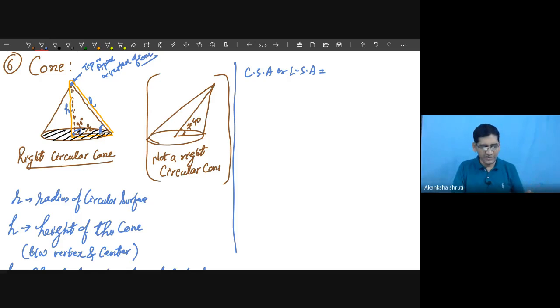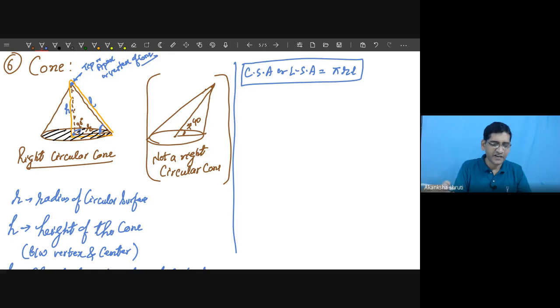No, because it is varying. You cannot write pi r square into h because it is varying. In this case, the curved surface area is obtained by multiplying pi r with l. Since it is an area, it is 2 dimensions: r has 1 dimension, l has another dimension. So just keep in mind, the curved surface area is pi r l. You keep this in mind.